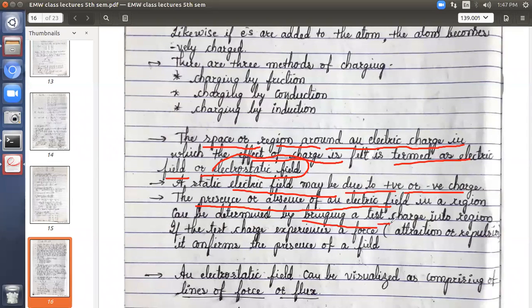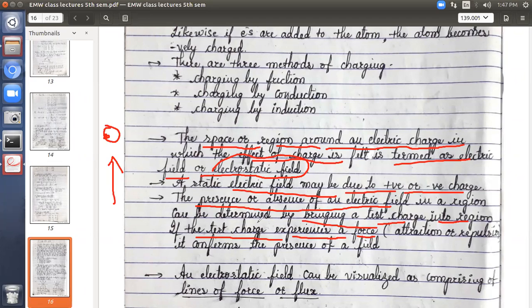By bringing a test charge into that region. Suppose you have a magnet placed somewhere. To know the effect of that magnet, you take one more material, a testing material, near it. Just like that, in order to check the presence of the electric field, you will take a test charge into that particular region. If they are like charges, they'll repel.